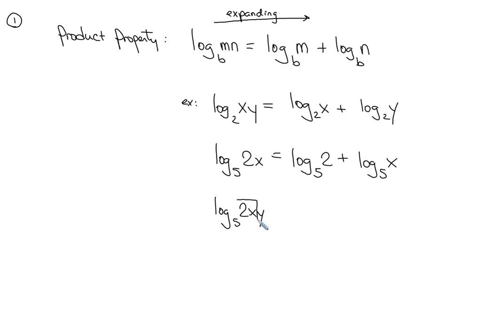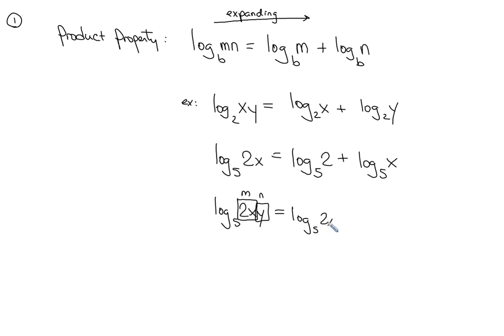Yeah, couldn't I think of this as being my m? Right? Isn't 2 times x one single number? We don't know what that number is because we don't know what x is, but isn't 2 times something one answer? So you could think of the 2x as your m, and you could think of the y as your n.